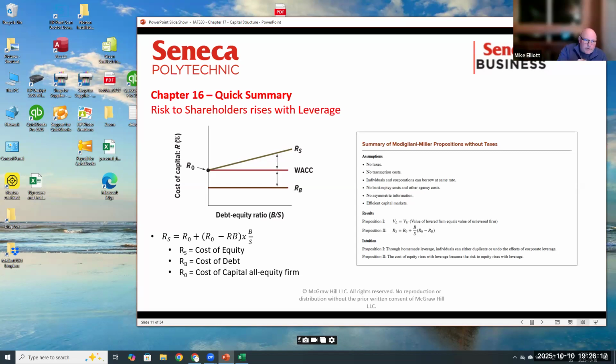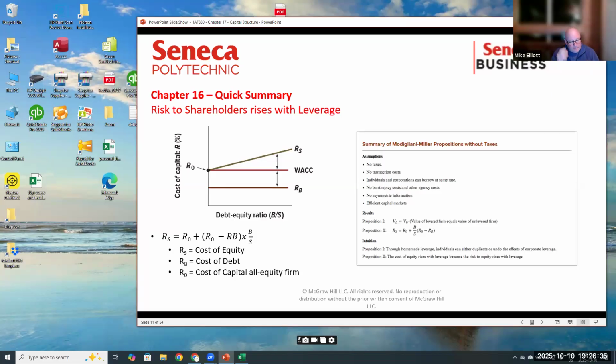The cost of equity is equal to the cost of our all equity firm plus whatever it costs us for debt times a factor of what our relationship is, debt to equity.